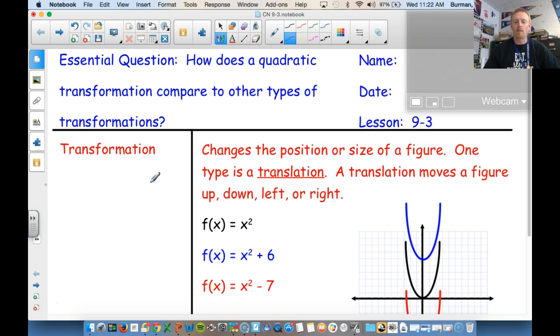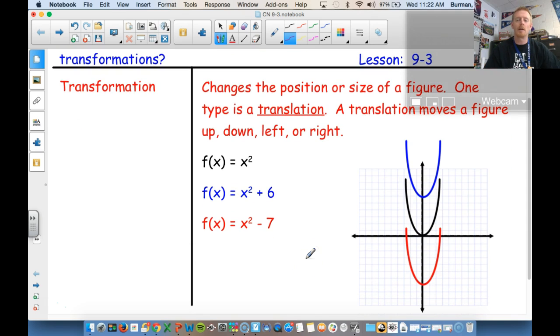So one of the transformations is a translation. Remember, translations are things that take the entire shape and just shift it left, right, up, or down. So if you look at the example that I have on our notes here, the black graph with the equation of f of x is equal to x squared is my parent function. The x squared plus 6 shifts up 6 spots, and the x squared minus 7 shifts down 7 spots from the parent graph.